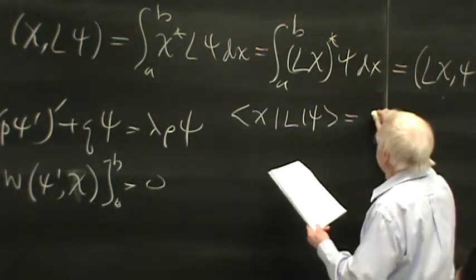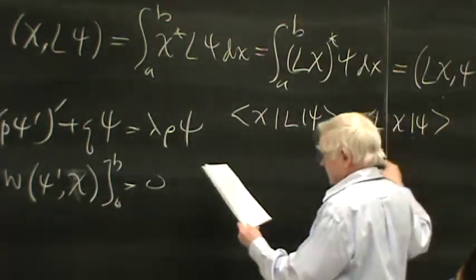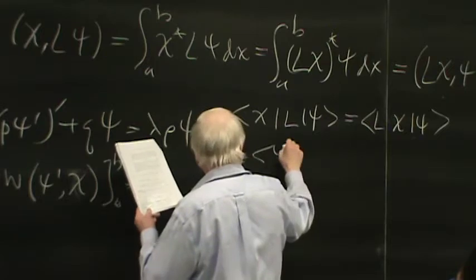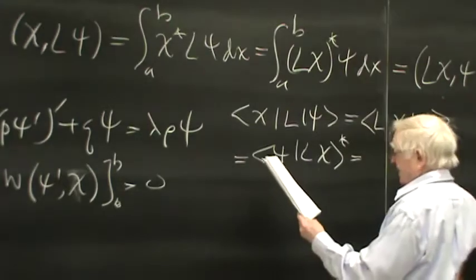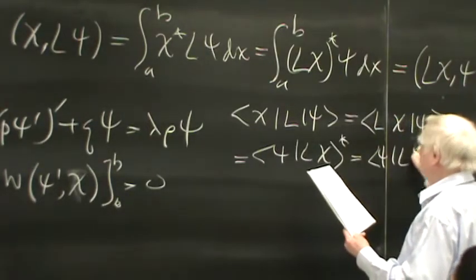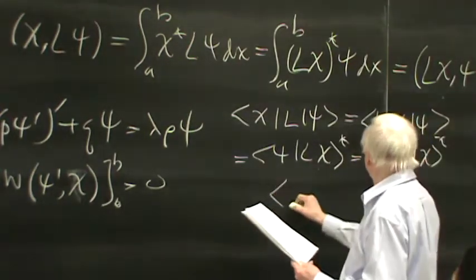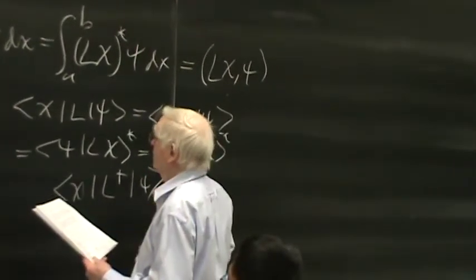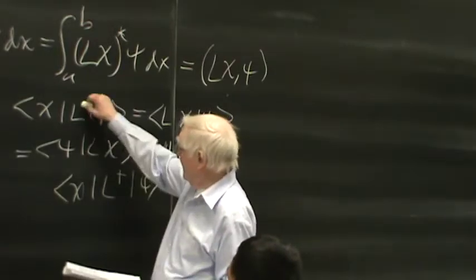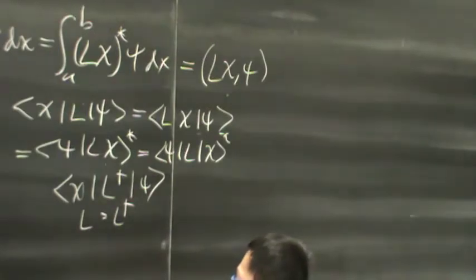This thing is L chi psi, and L chi psi is psi L chi star, and that would be chi L dagger psi. But now if you compare this with that, you see L equals L dagger. All right, there are other ways of doing it that might be a little bit shorter.